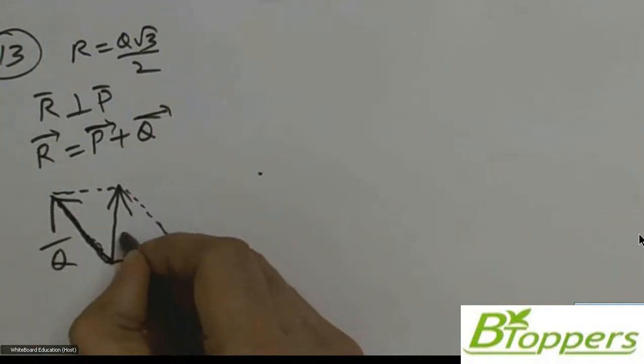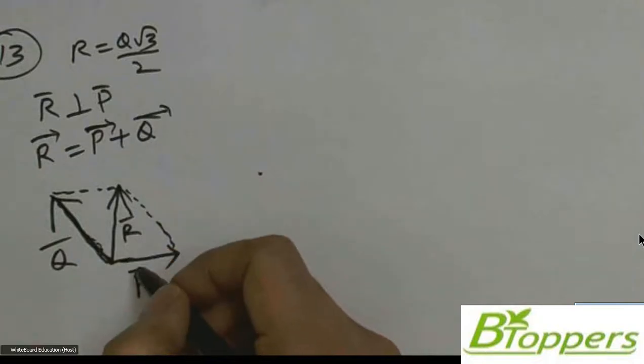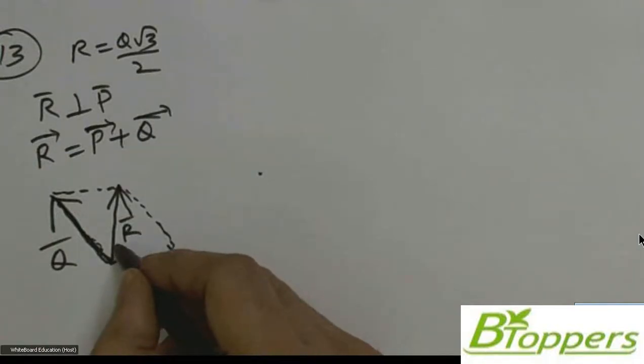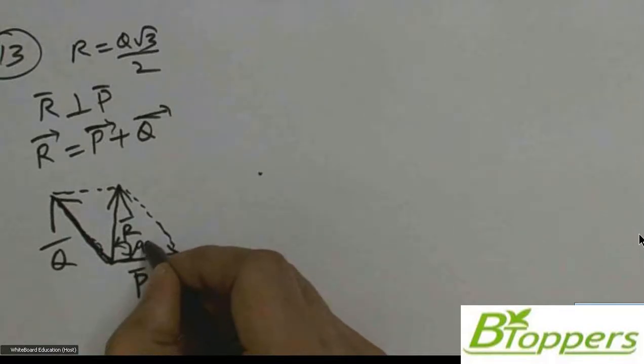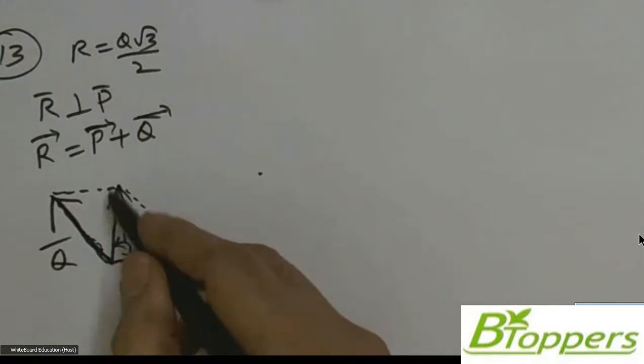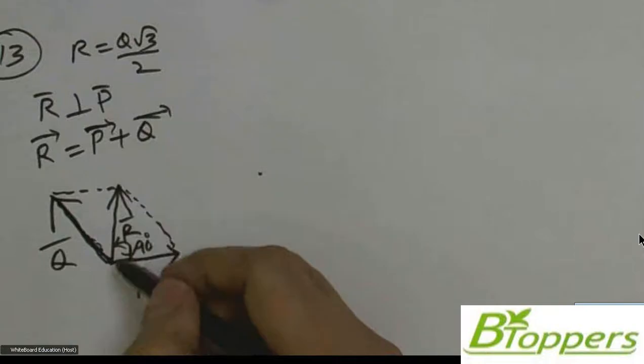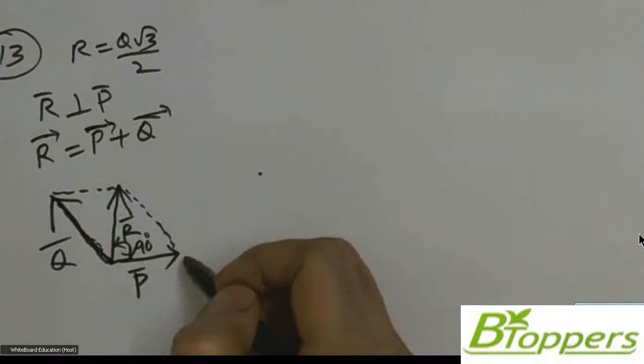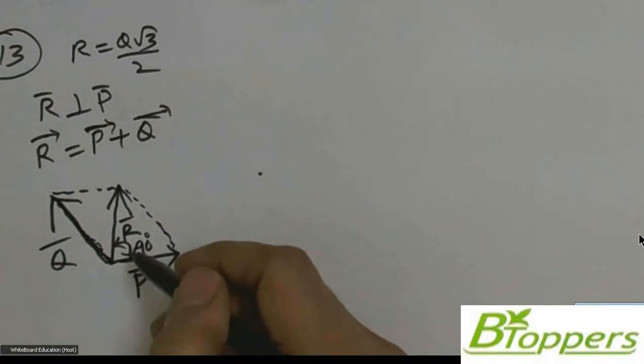Then the diagonal of the parallelogram passing through their point of intersection represents the resultant r bar. It is given in the problem that resultant r bar is perpendicular to the first vector p bar, like this. So this angle between r bar and p bar is 90 degrees.